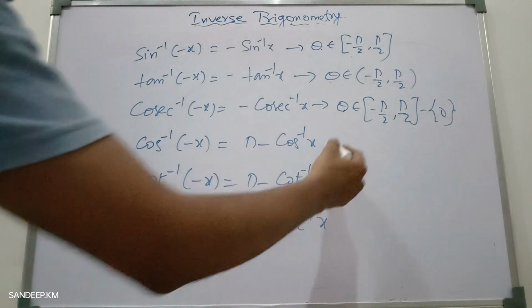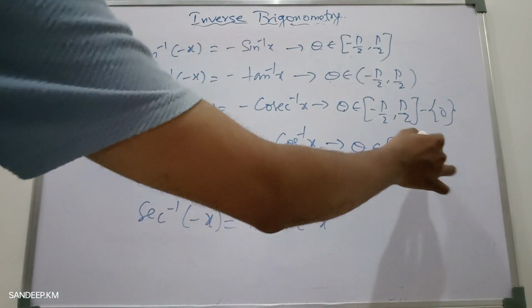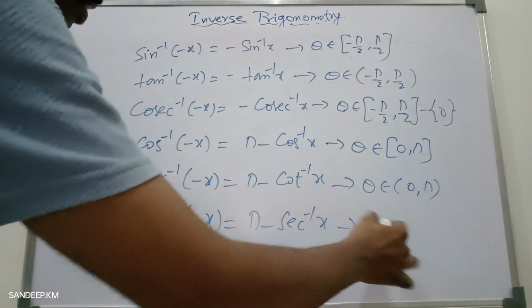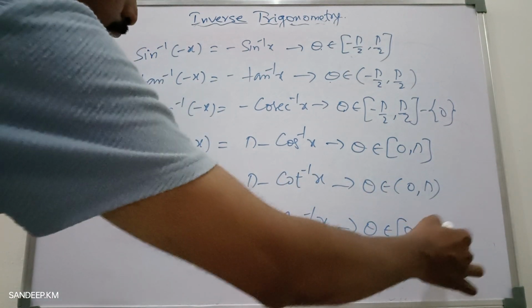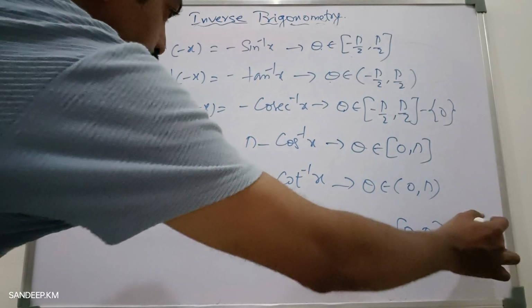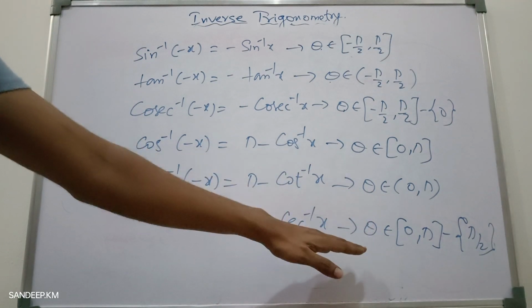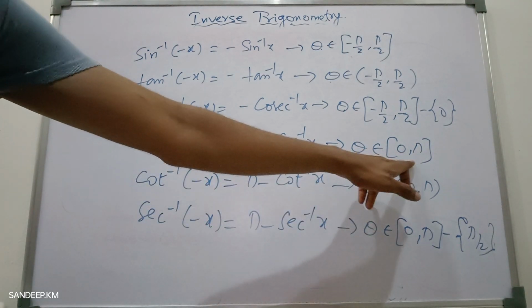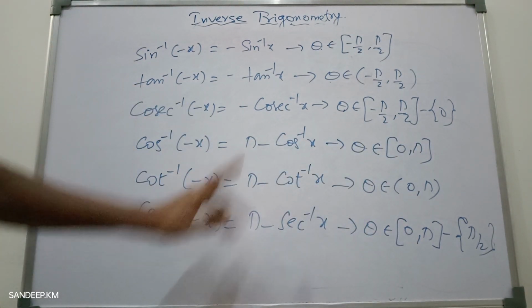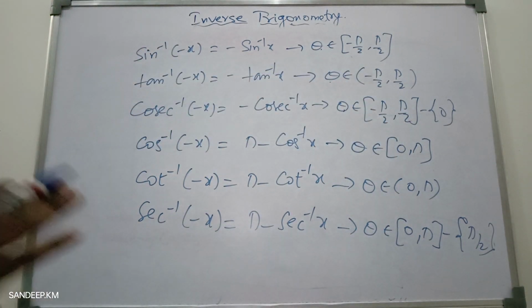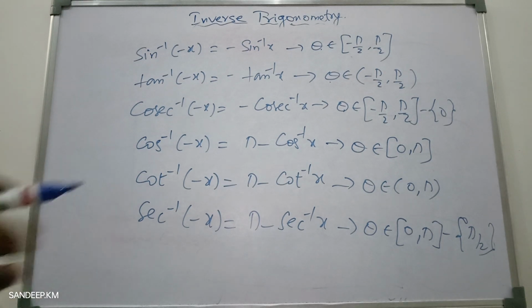Because for these, theta is from 0 to pi, here theta is between 0 to pi, and here theta is from 0 to pi except pi by 2. If the range is between 0 and pi, I will get pi minus. If the range is between minus 90 and plus 90, I will get only minus. Is it easy to remember? Yes, it is easy to remember.